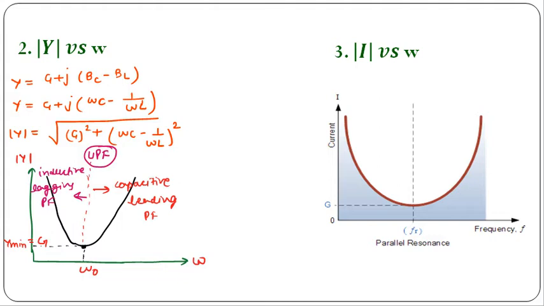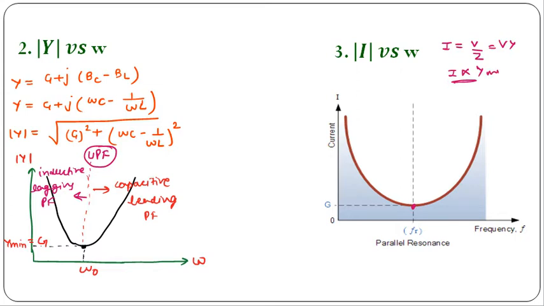Now let us see current versus frequency characteristics in case of parallel resonance. So we know that current I is given by V by Z. Okay, and 1 by Z is admittance. It means the current characteristics will be directly proportional to admittance. So the admittance characteristics we have obtained like this. So the current characteristics will also be similar, and we have the minimum current at resonance.